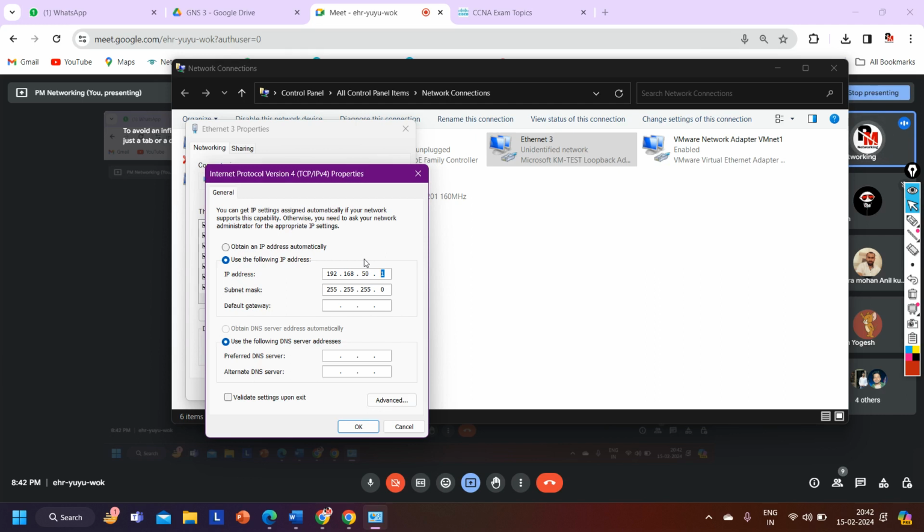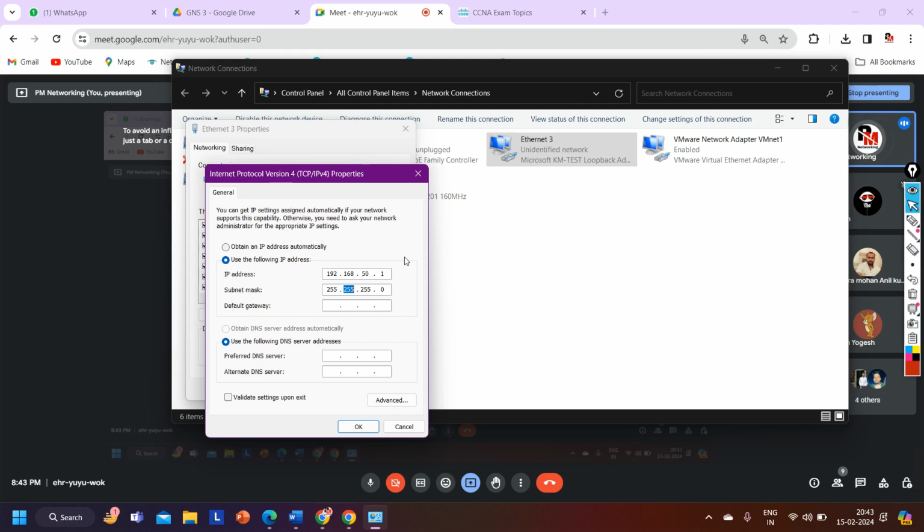Okay, so this is how an IPv4 address looks. And what is this one? 255.255.255.0. What is this one, guys? And what is a subnet mask? Each IP address is a combination of two things: network bits plus host bits.